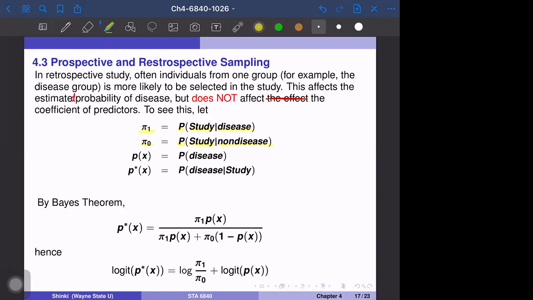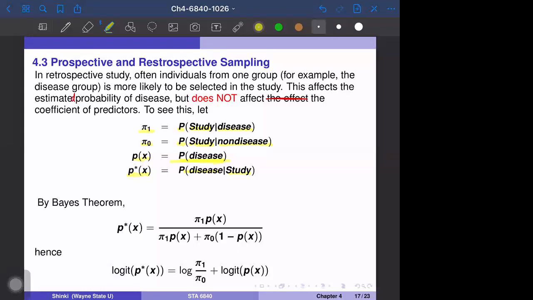P of X is the unconditional probability of disease, just for the entire world, how many babies have disease. Then P asterisk of X is the probability of disease given that the baby is included in the study.